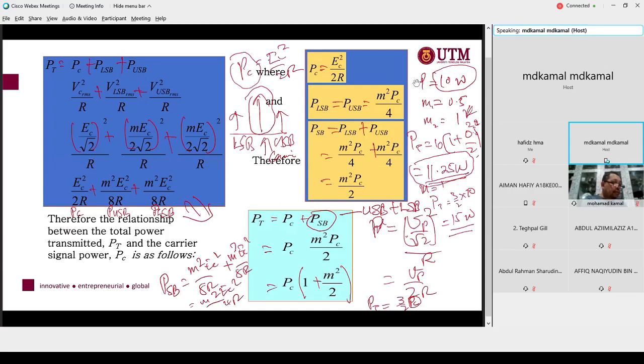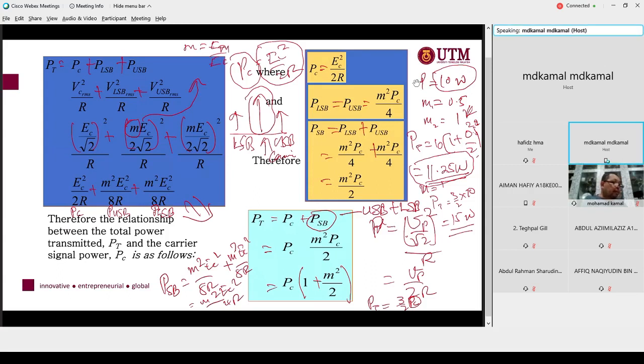Okay, all right, clear. So we know that the total power transmitted is equal to whatever PC you have plus your sideband. But the problem in the AM signal, as you can see here, is that in EC square over 2R there is no information. The information is only at the sideband because the information is coming from your M value. M is equal to EM over EC.